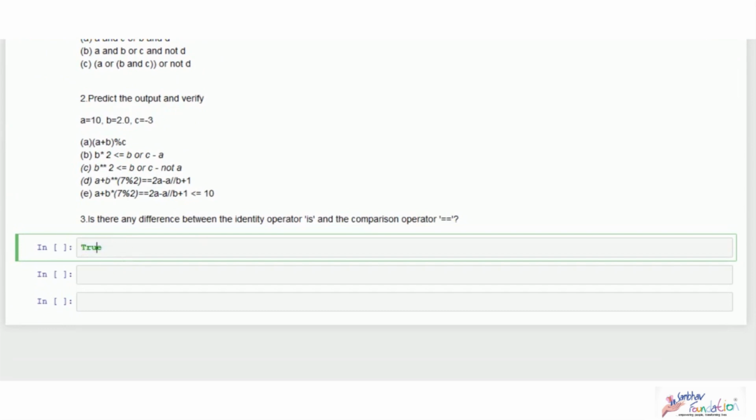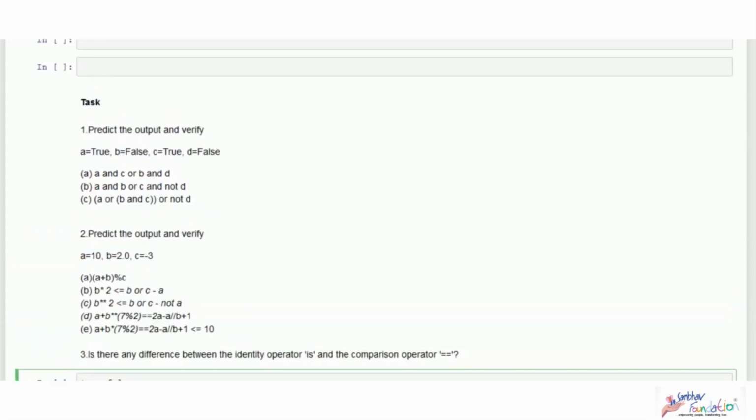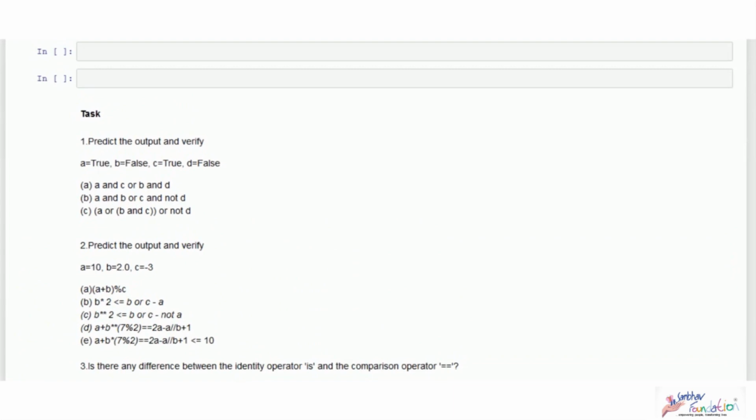Whenever the color of the text changes, it means that it has some special meaning in Python. So this True and this False represent your Boolean values. However, if you change the case, Python, as I have been repeating time and again, is case sensitive. So if you use a different case, the meaning changes altogether. They just become some random strings. So always make sure when you use True and False, the first letter is a capital letter.